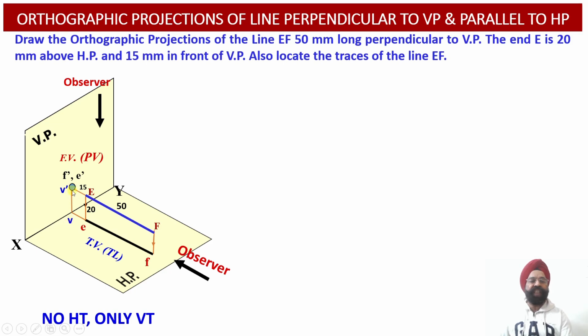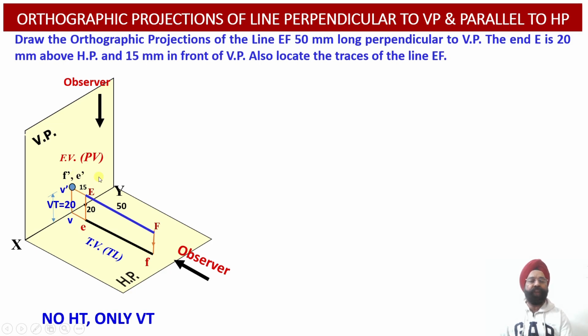Now the perpendicular distance between the intersection of the plan projection extension onto the XY reference line, point V, and the point V dash obtained in the front view, this distance V and V dash, will provide us with the vertical trace of the line. We will see that the vertical trace of this line happens to be 20 millimeter. So VT is the distance between point V and V dash, which is equal to 20 millimeter.